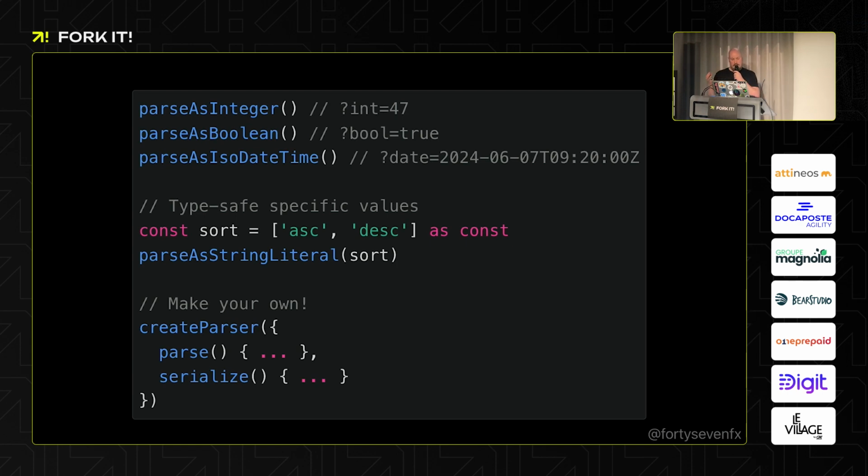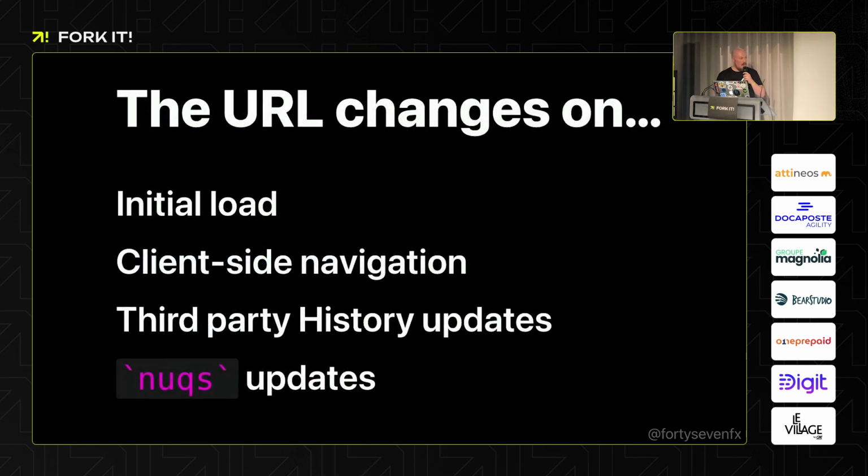And so when do we need to run these parsers? When does the URL change? The start of time essentially is when the page loads. We want to be able to capture the state of the URL and put it in our app, put it in our states. And so this would be the equivalent of the initialization function in a React state, useState.